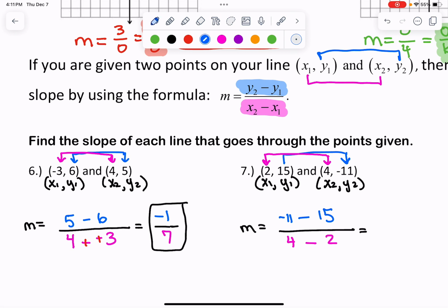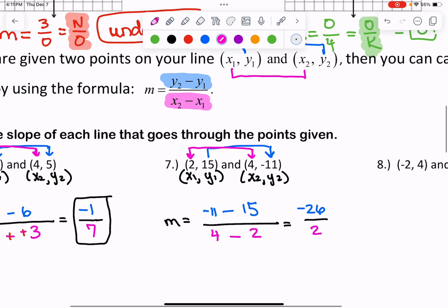If we do our subtraction up top, negative 11 minus 15 is going to give me a negative 26 over 4 minus 2, which is going to give me a 2. Now we know that 2 goes into negative 26, I would get a negative 13. And so we can write this reduced down as negative 13 over 1.